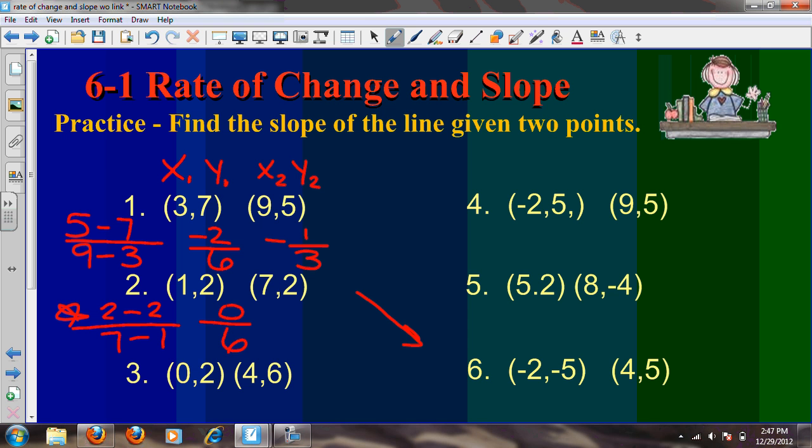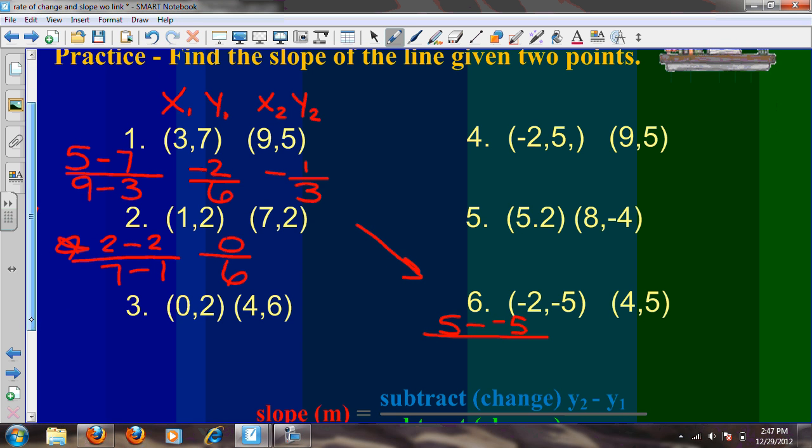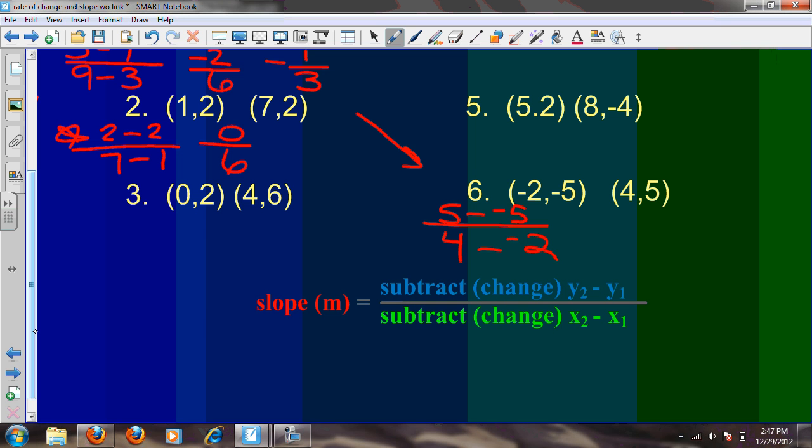y2 minus y1. y2 is 5 minus y1, which is negative 5, over x2, which is 4, minus x1, which is negative 2. Here you go. Here's our formula. 5 minus negative 5 becomes plus.